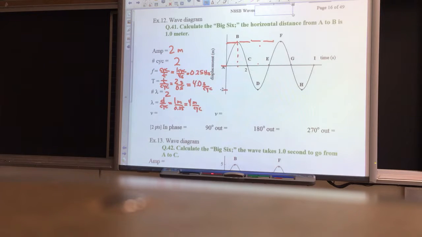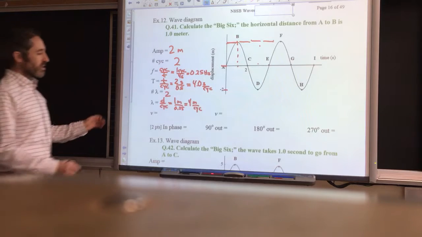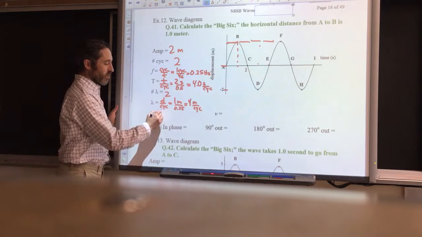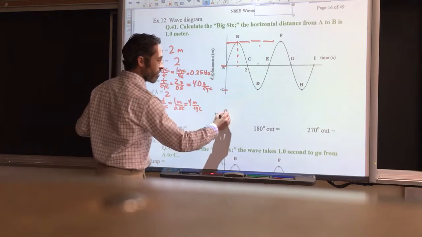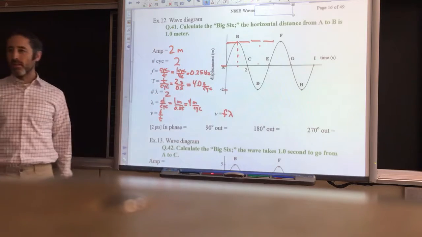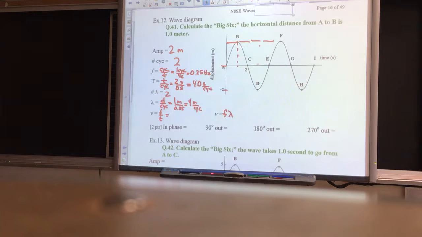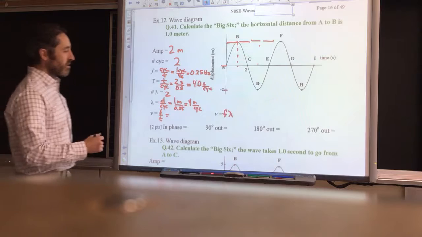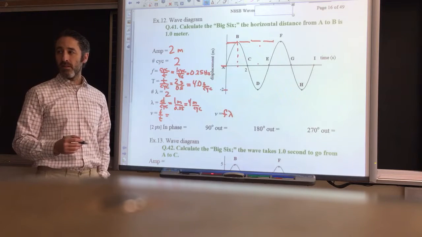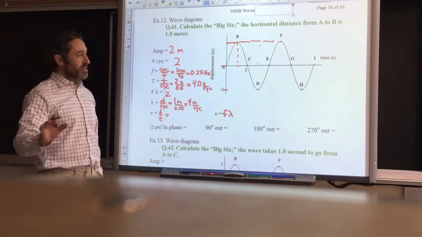All right, now, wave speed. 2 ways to look at it. The reason I gave you both is I want you to get this from d over t and also frequency times wavelength. So d over t, you can use any distance you want as long as the time coordinates with it. So what did you use? Albert? What's that? Well, what would you do for this one? Pick any distance you want.